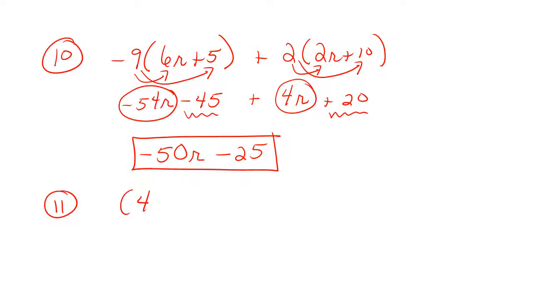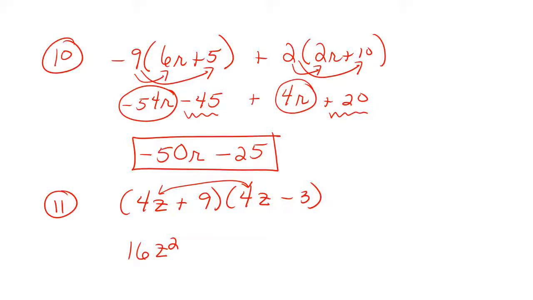Number 11 says to use the FOIL method or the distributive property. So I multiply the first term in each parentheses to get 16z squared. I then multiply the outer terms in the outer edges of the parentheses to get -12z.